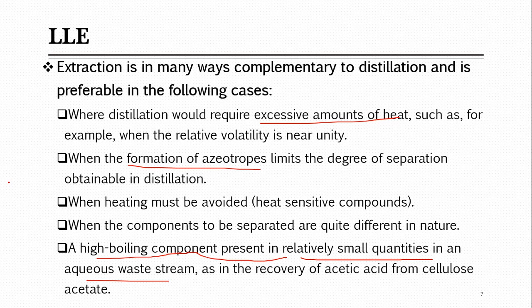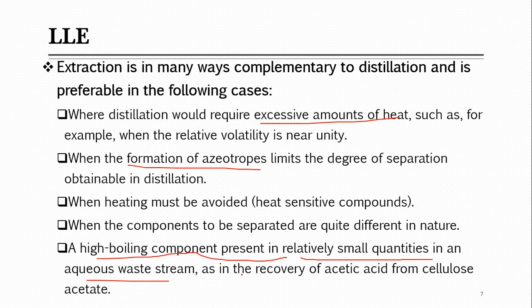But if you go for distillation, you have to separate water from this, and water is present in large amount. As stated, the high boiling component is present in small amount in the aqueous waste stream, so the major component is water. If you go for distillation, you have to add a very large amount of heat to boil this large amount of water.